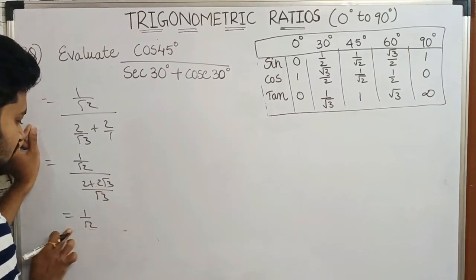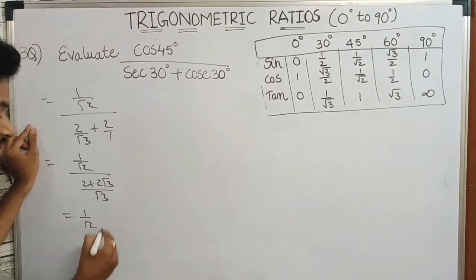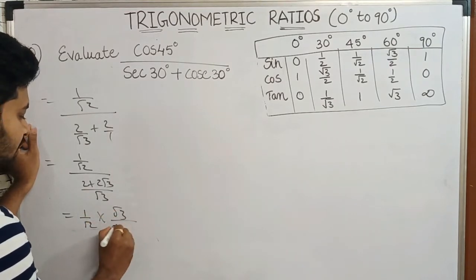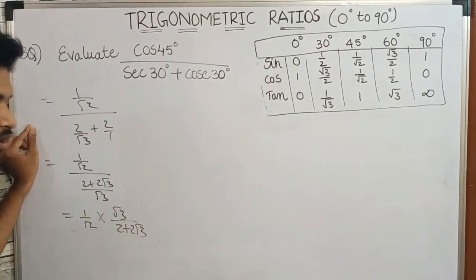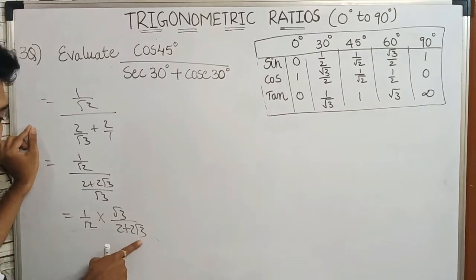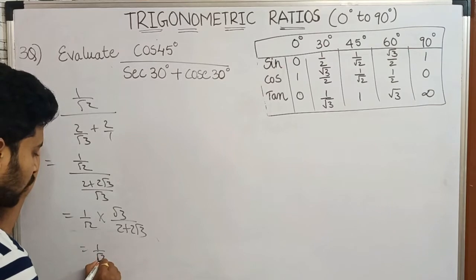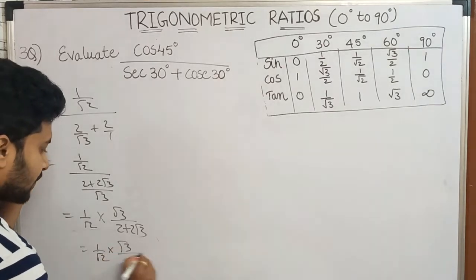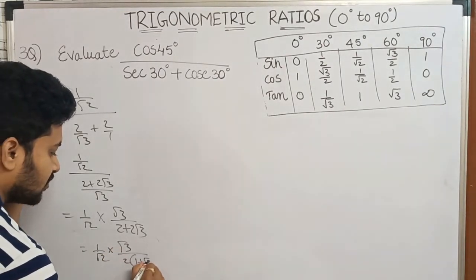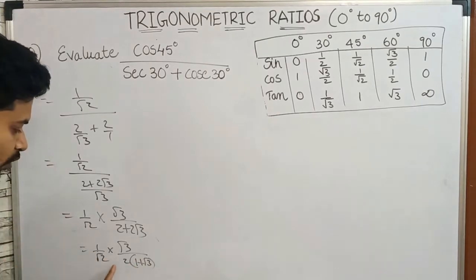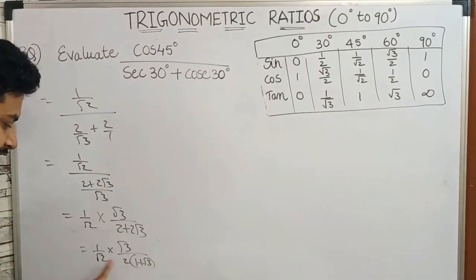Let us do the reciprocal for this, root 3 by 2 plus 2 root 3, and then what is common in this? 2 is common. So here you can write it as 1 by root 2 into root 3 by 2 of 1 plus root 3. Here this 2 is multiplying, the relation is multiplication. 2 root 2 of 1 plus root 3 you can write.